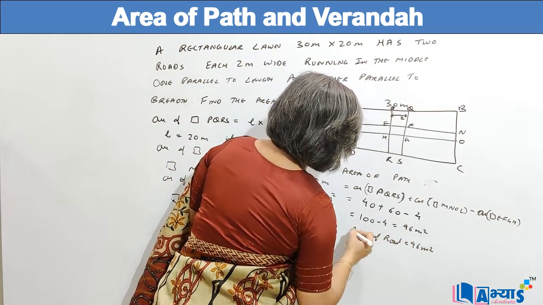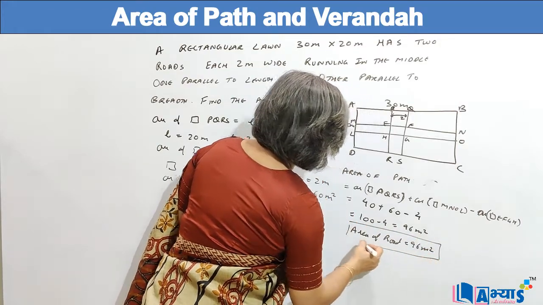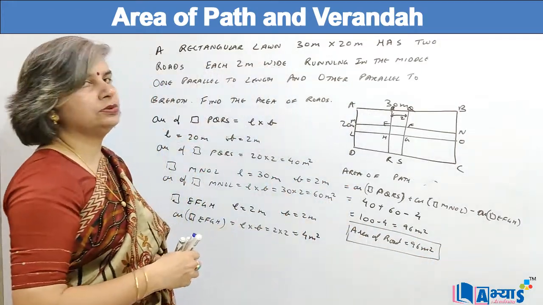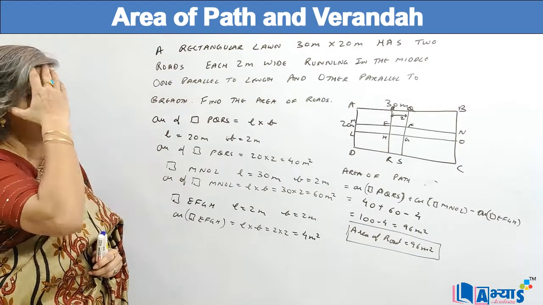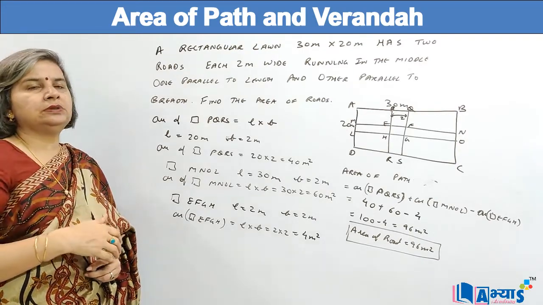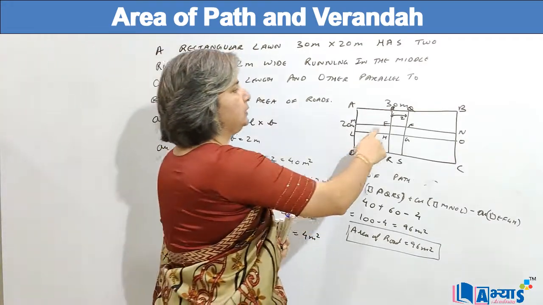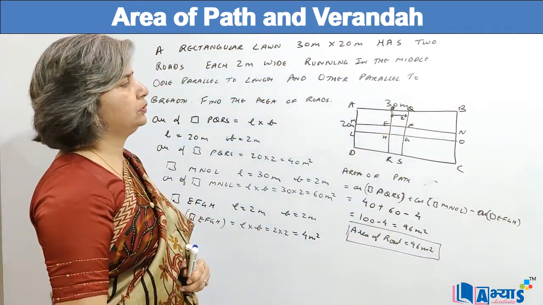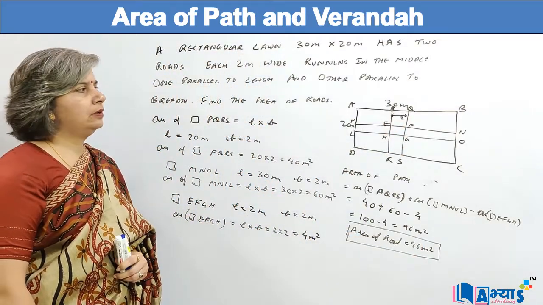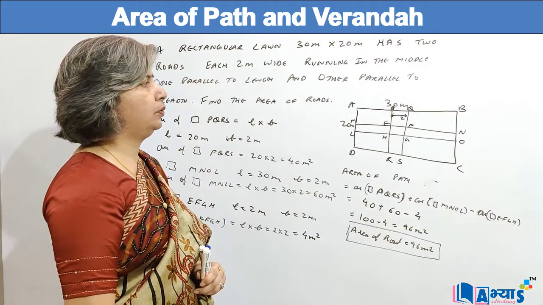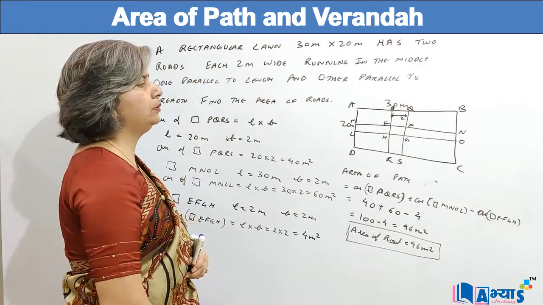This is how we can calculate the area of the crossroads, because these two roads are crossing each other. So that means EFGH area is included in both the roads, in the road shown by the rectangle MNOL and by the rectangle PQRS.